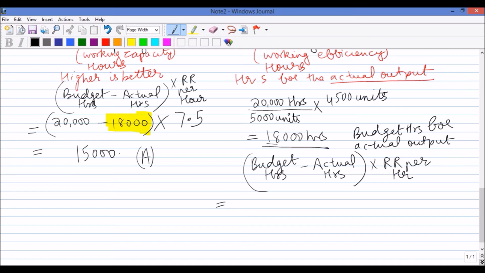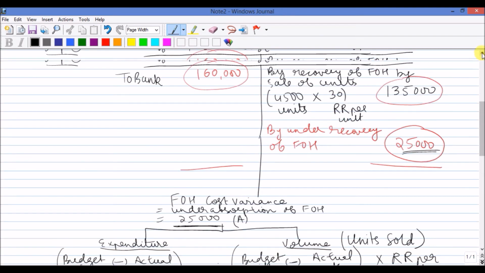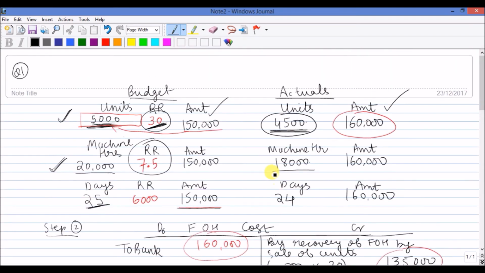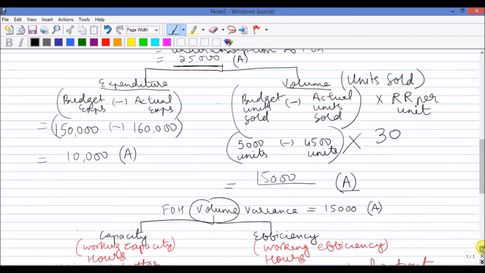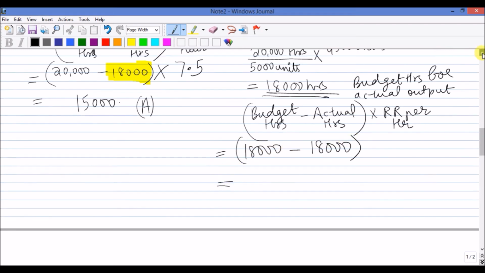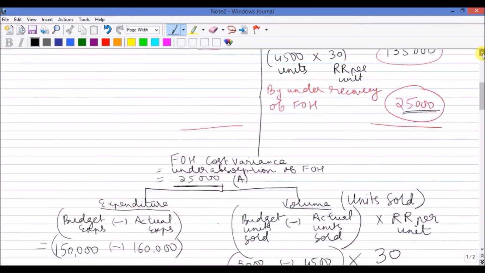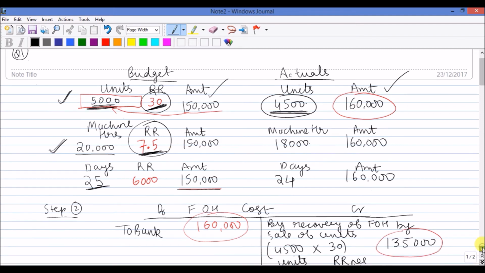The budgeted hours are 18,000 hours, and in actual also I have taken 18,000 hours. So there will be no variance. And the recovery rate per hour is 7.5.